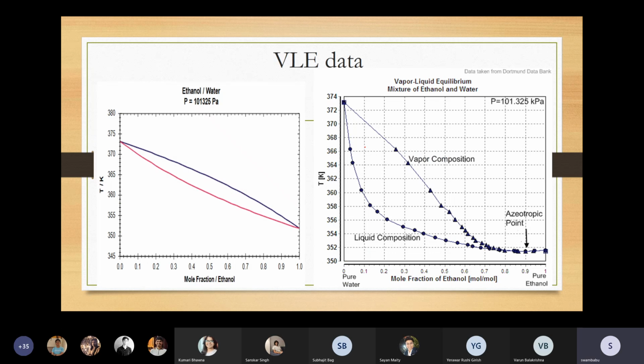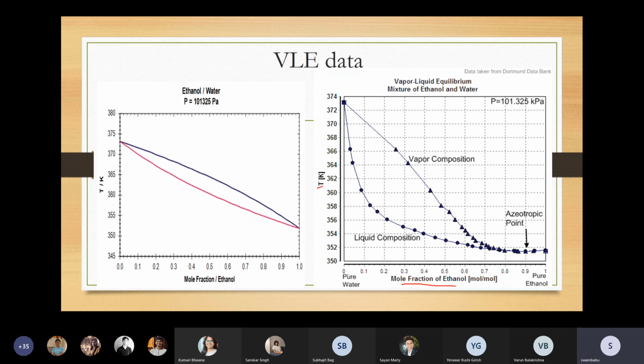So we will see how to generate this VLE data. Now, this is the vapor liquid equilibrium data which I discussed just now. Temperature versus mole fraction of ethanol. Here, ethanol is the highly volatile component. So the x-axis is mole fraction of ethanol, and the y-axis is temperature.